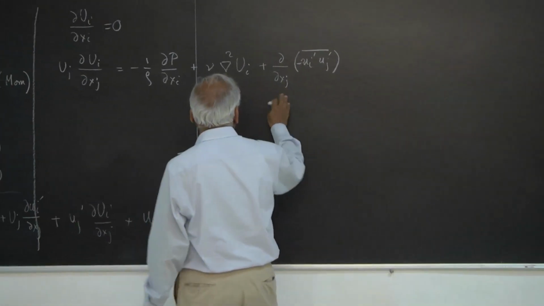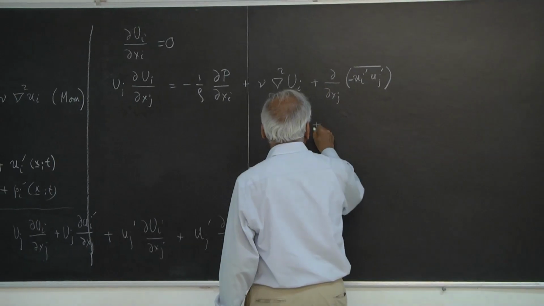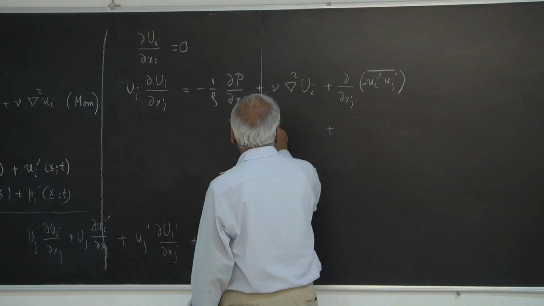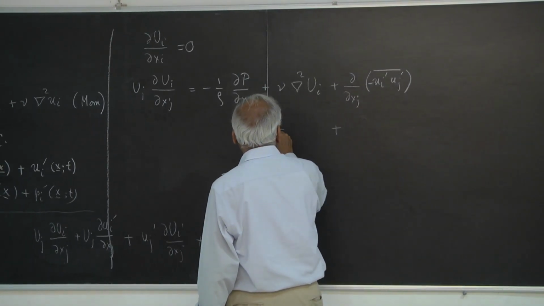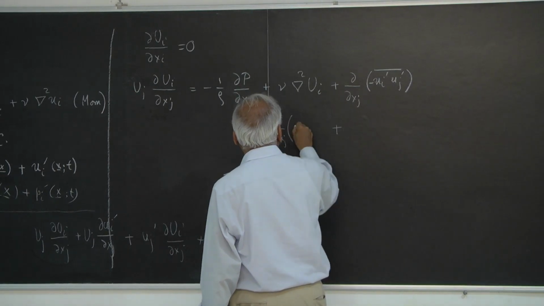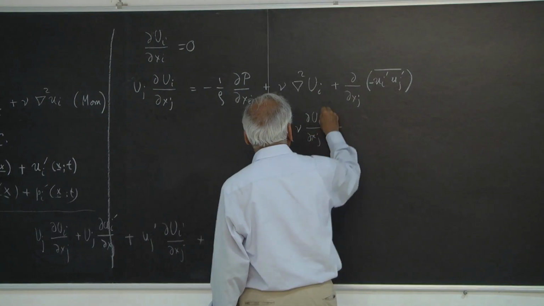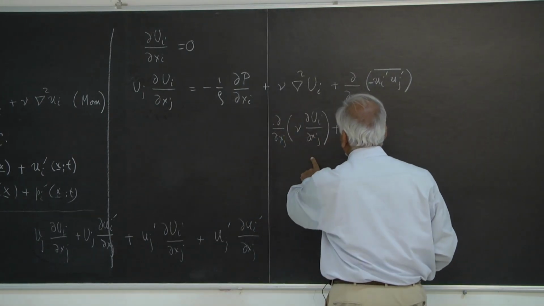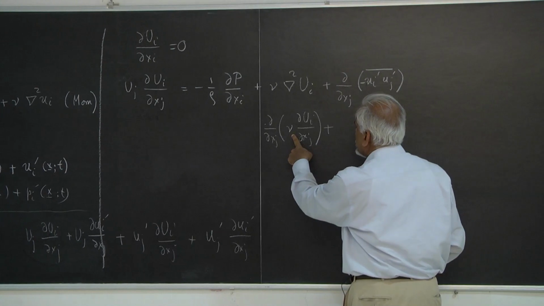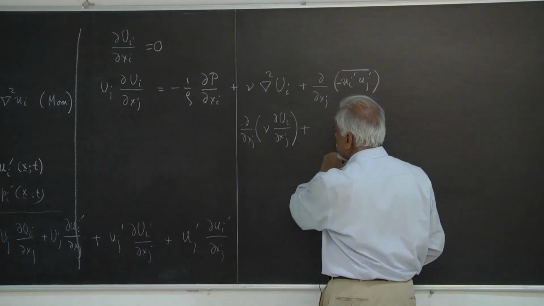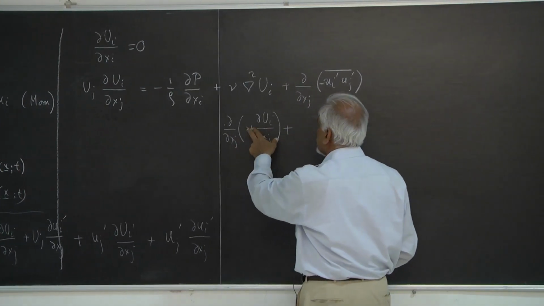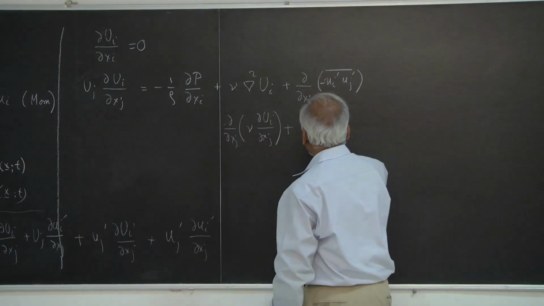So one way to write this is if I write this as d by dxj of nu dui dxj. So that's a legitimate way of writing that. I put in nu inside only to make comparison here, although if it is fixed nu, then there is no advantage in putting it inside.